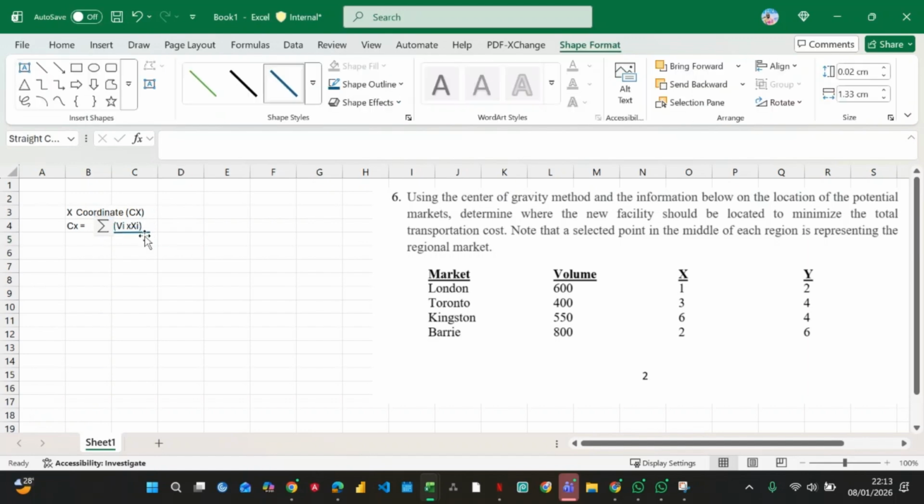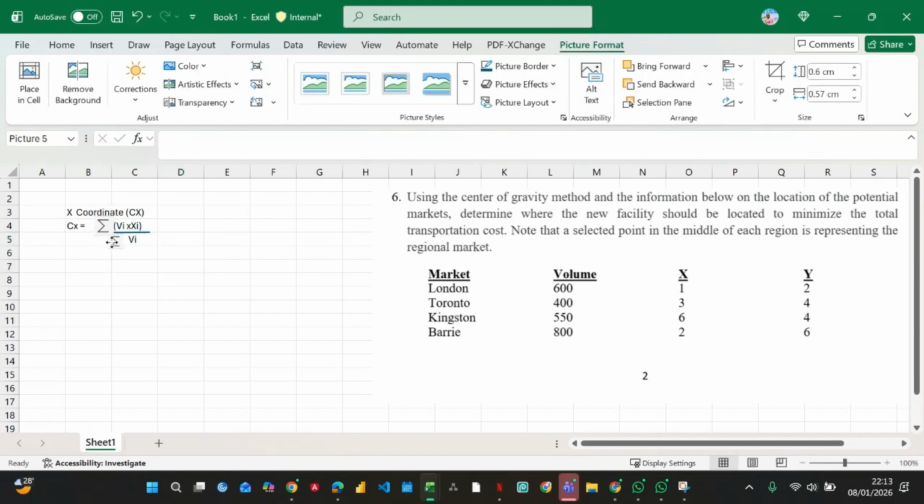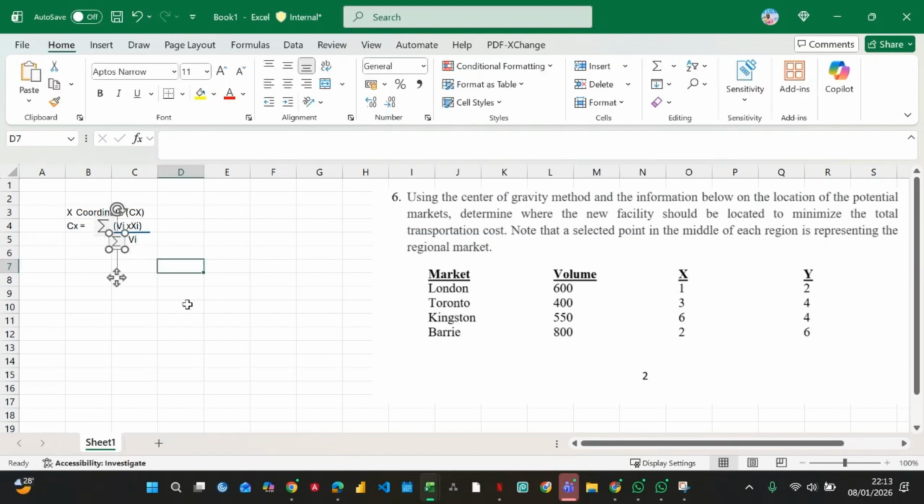So what is here is going to be divided by summation of vi. So this is shifted. Understand? So this is the formula.